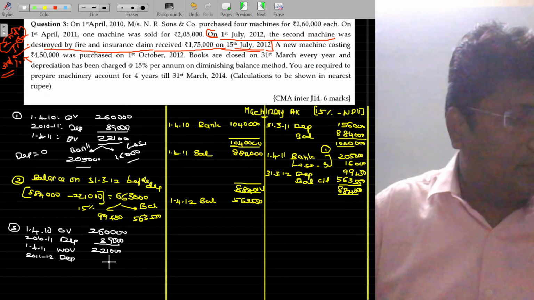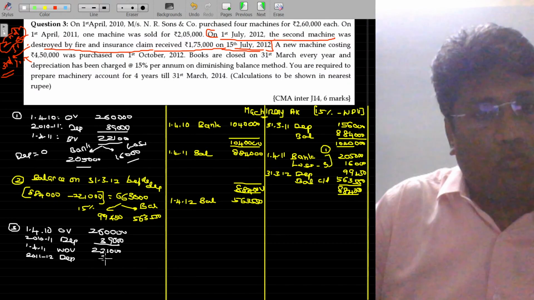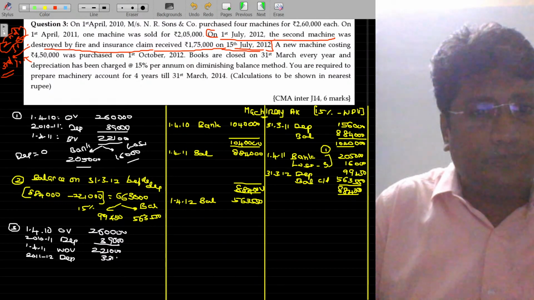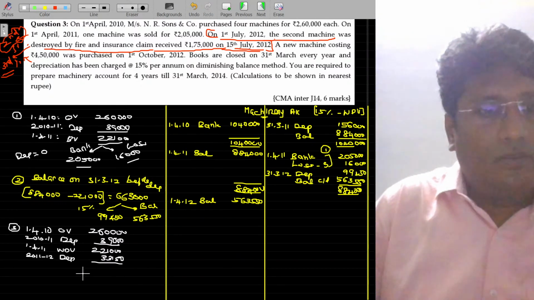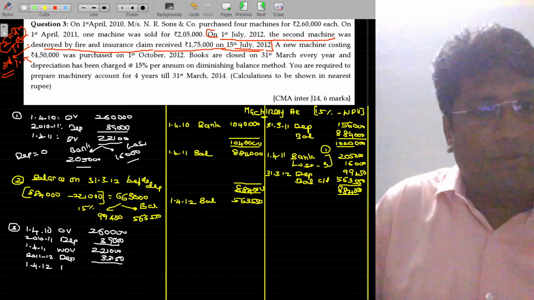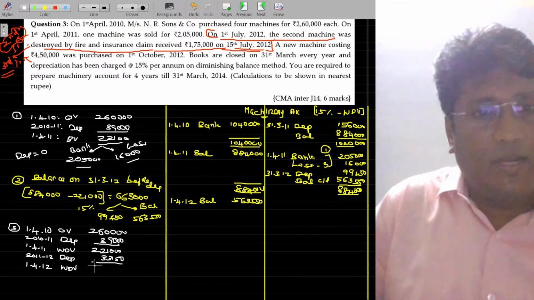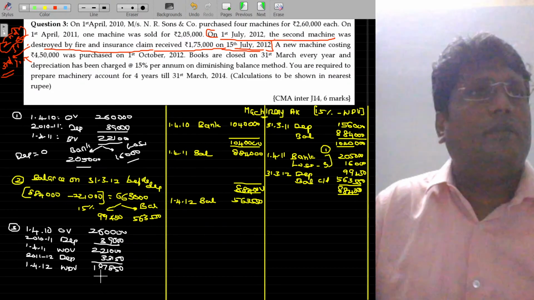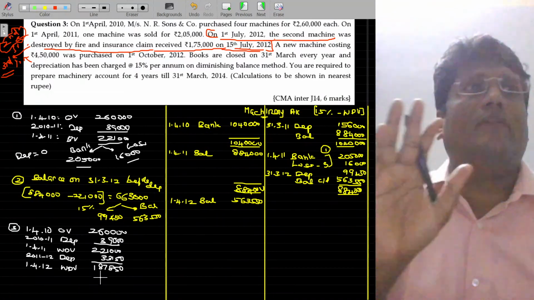The depreciation being 33,150. If I subtract this, 33,150, then 1/4/12, the WDV being 1,87,850. Now, immediately as on the date, it was not sold.